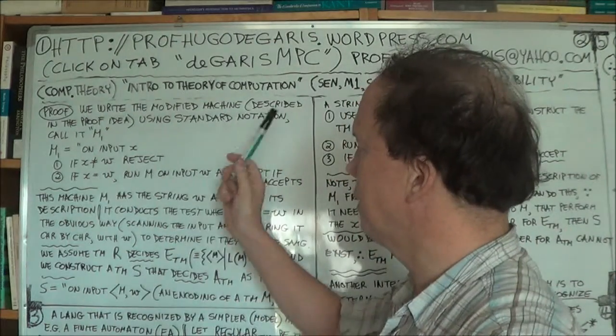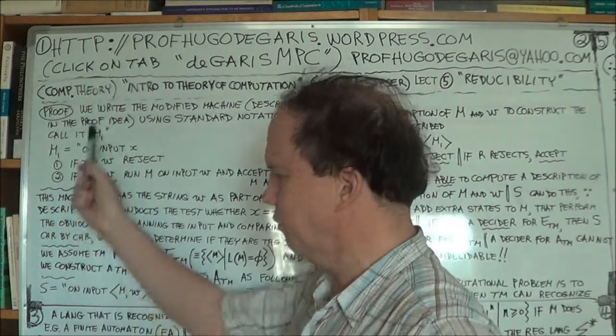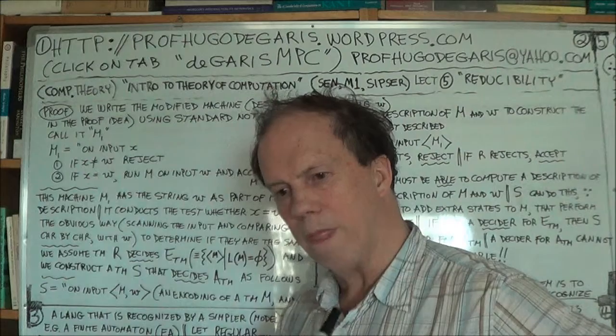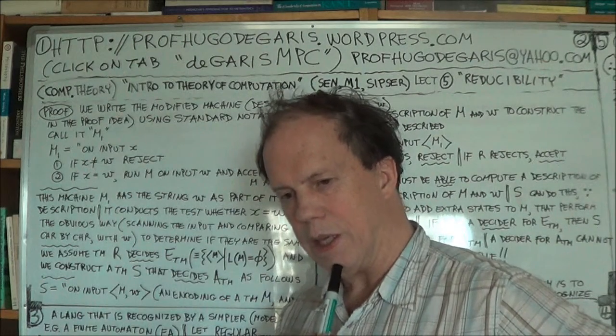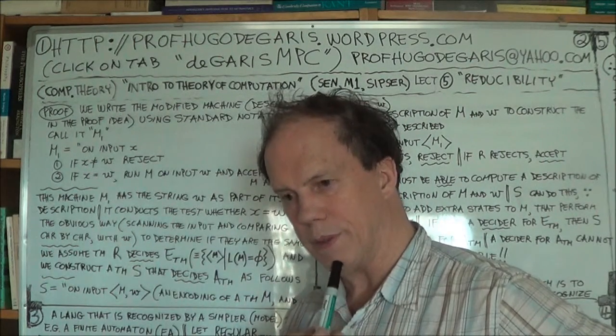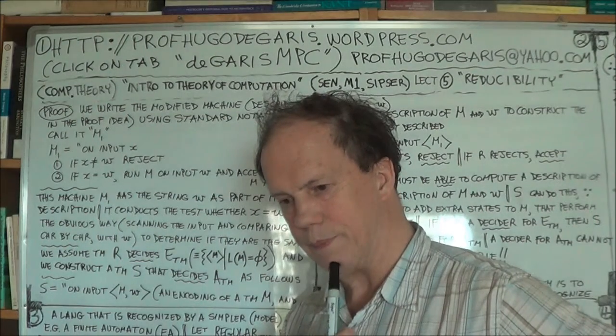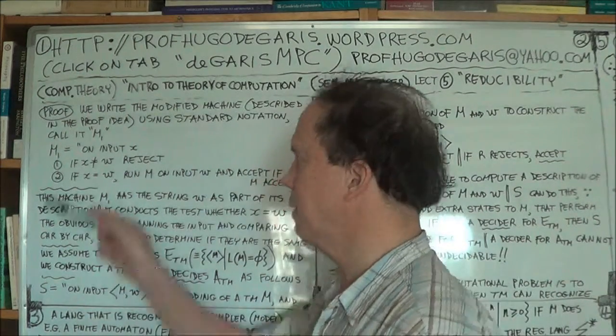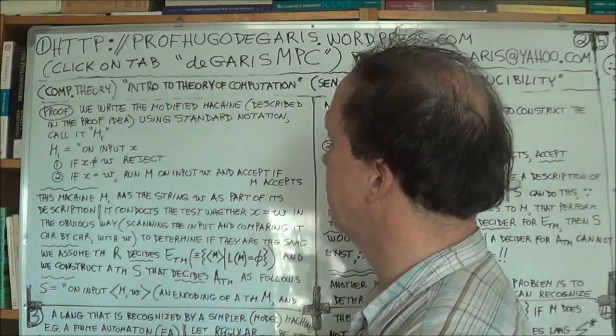Okay, so we're now getting into the proof that ETM is undecidable. Now we've done the proof idea, now here's the actual proof.